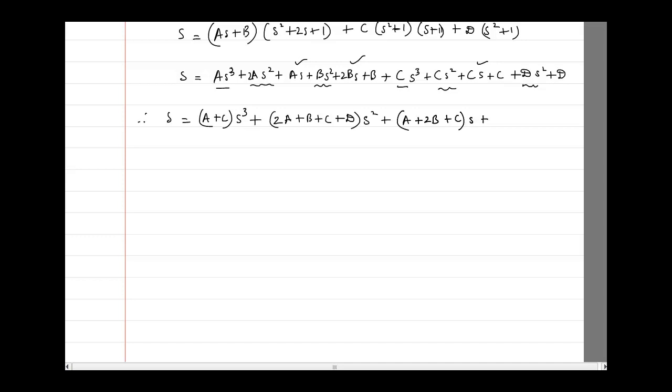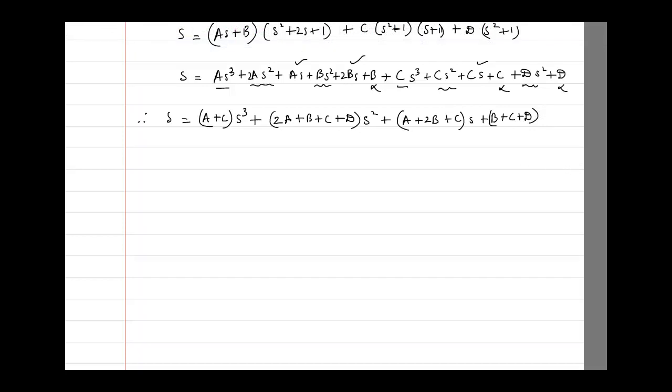Finally, the constant values: b, c and d. So b plus c plus d.